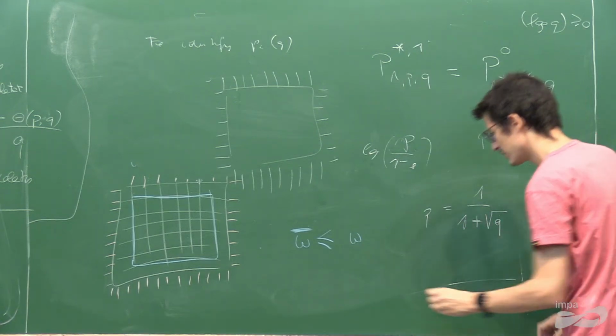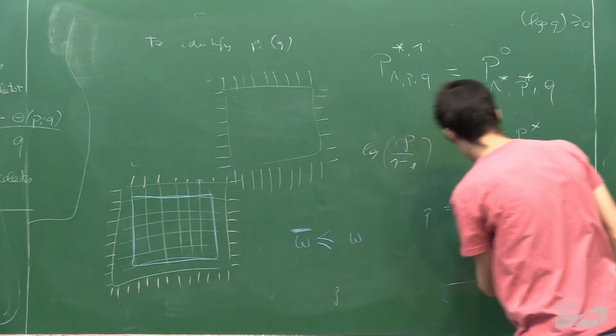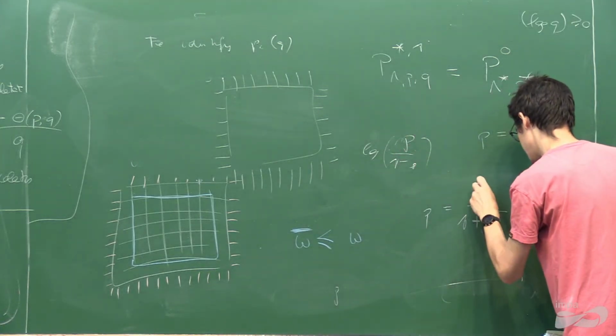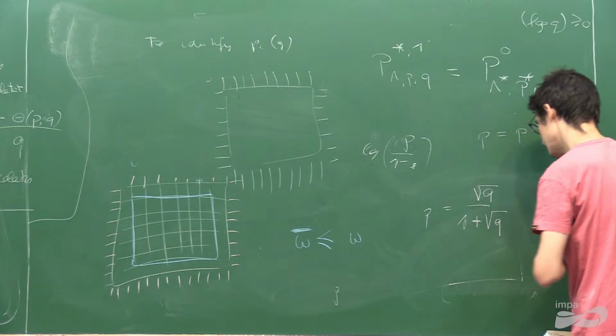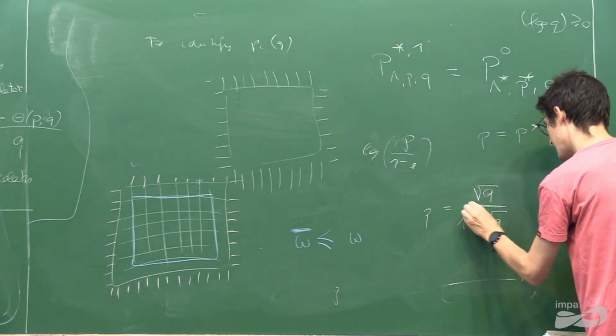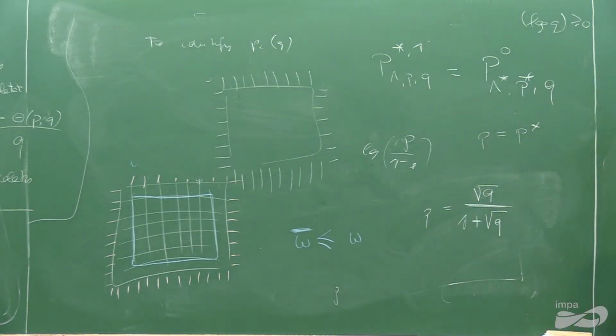Let's see, what we had is, yeah, it's this one. It's 1/2 for q equal to 1, and it has to be larger than 1/2 for q larger than 1.